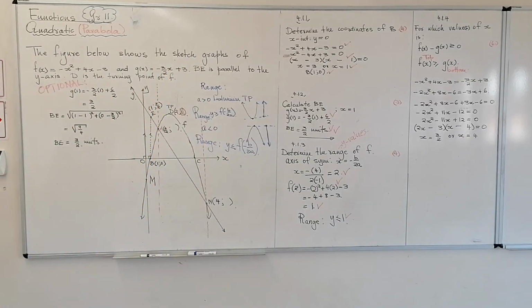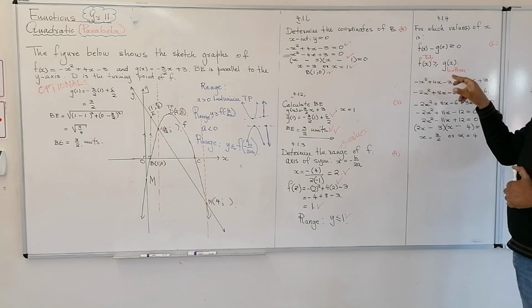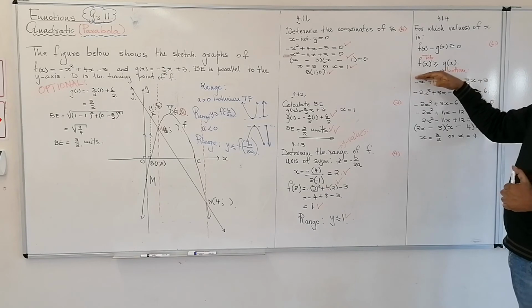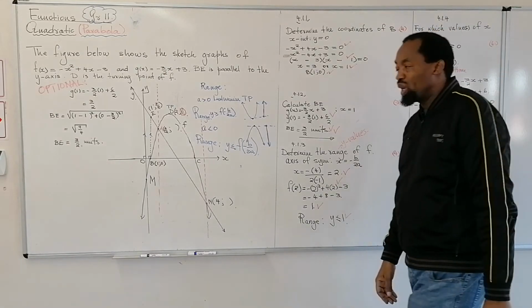Now, after slicing, my friends, what did I do? I sliced where the 2 graphs are equal. Now, I want to see where am I getting this and that. Where is this on top and this one at the bottom? Let's go and check that.